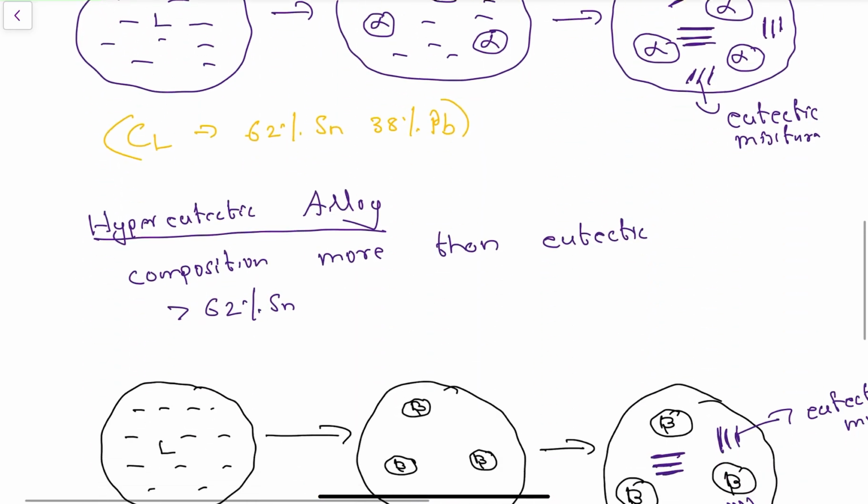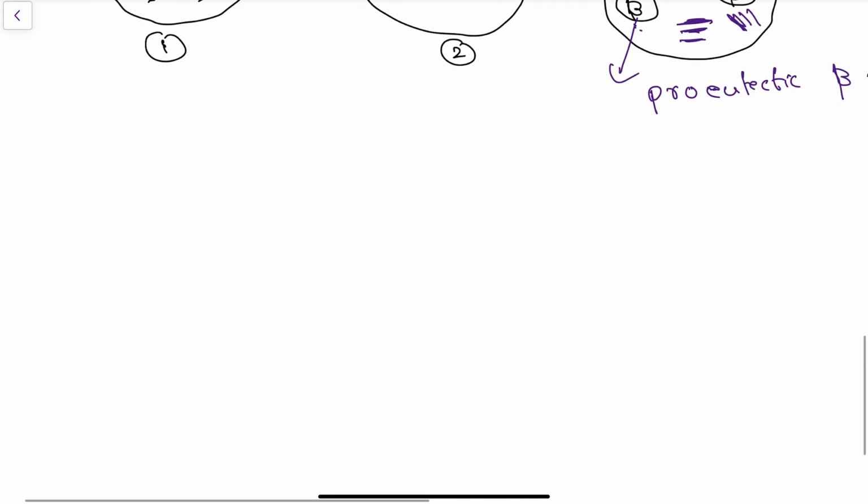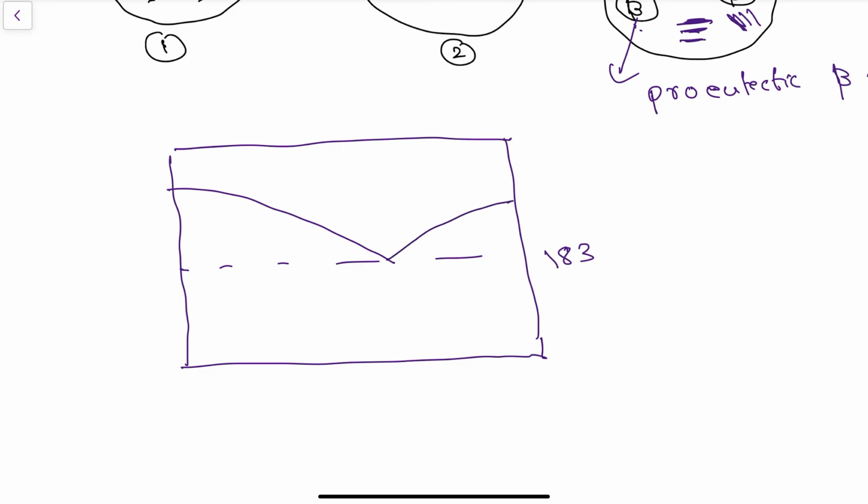Now, just for an example, we will look at the case of a hypoeutectic alloy. I will draw a small phase diagram here. So this is 183 degrees Celsius. This corresponds to 62, and let us take here this 40.